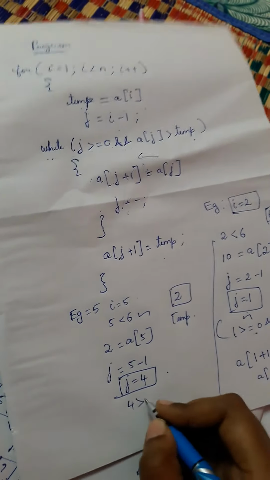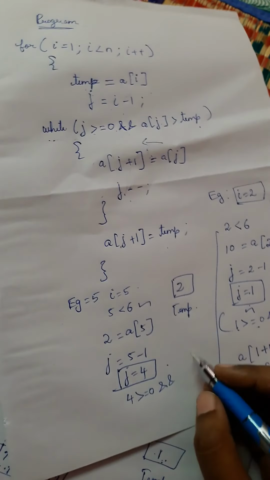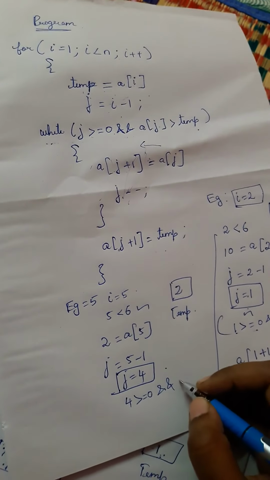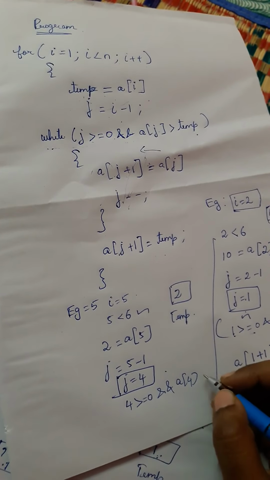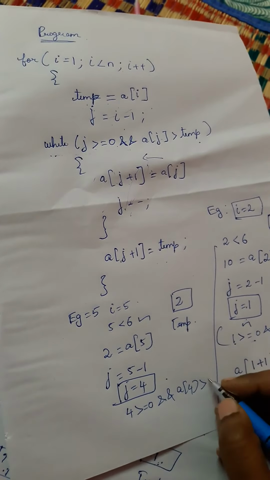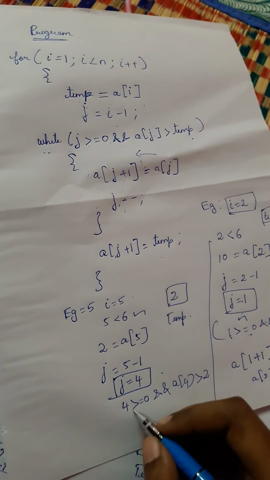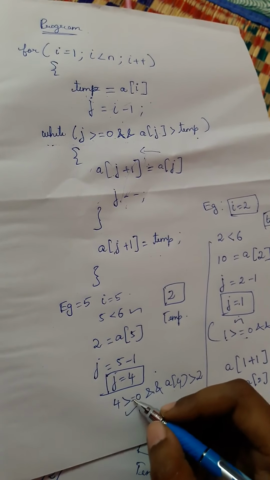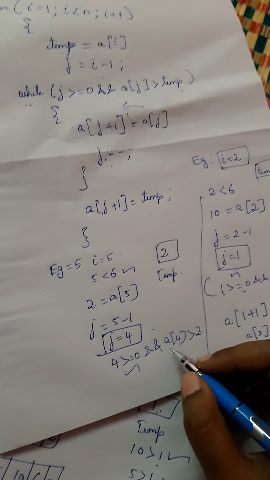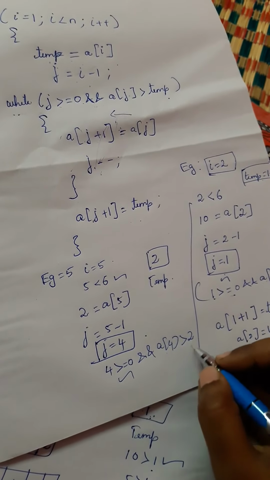Next, A of j is greater than temp. A of j means A of 4, and the temp value is 2. This while loop condition we check first: 4 is greater than or equal to 0, so this condition is satisfied.